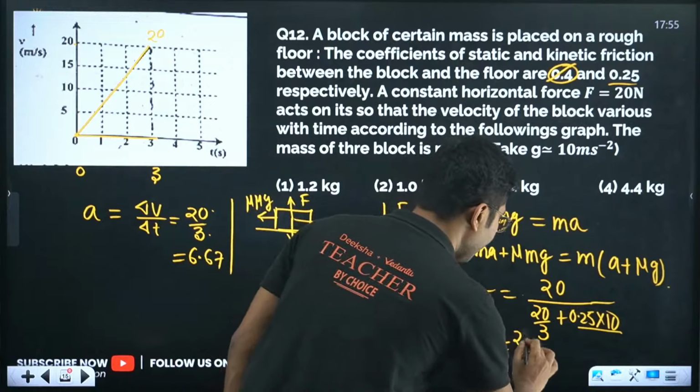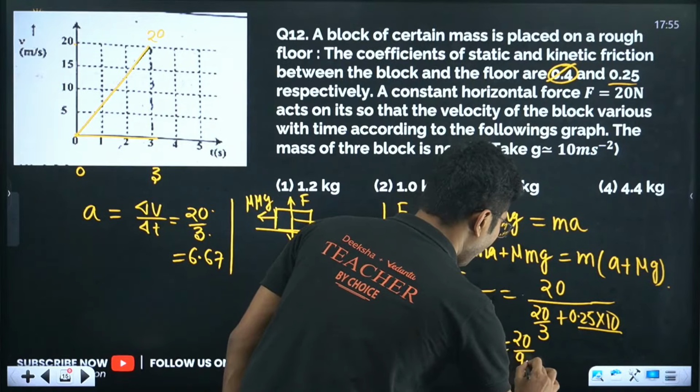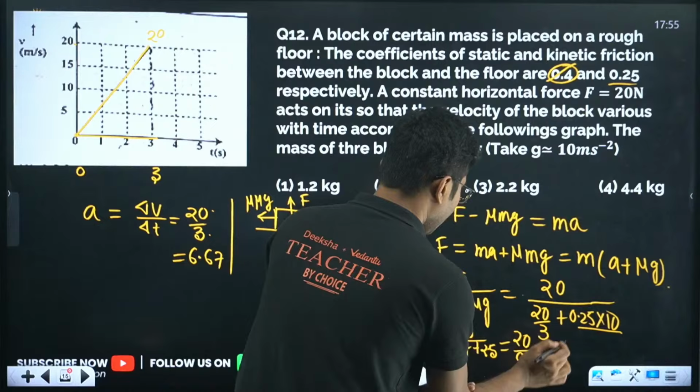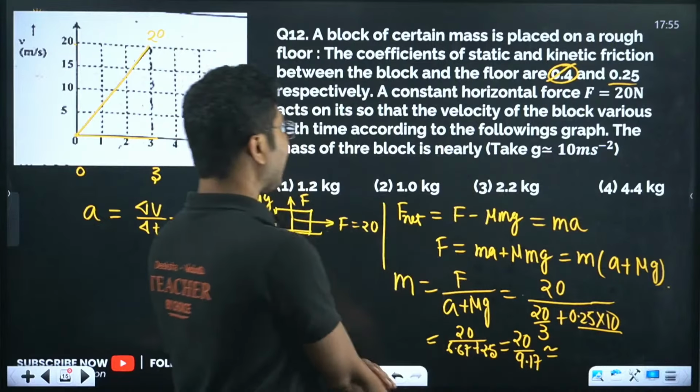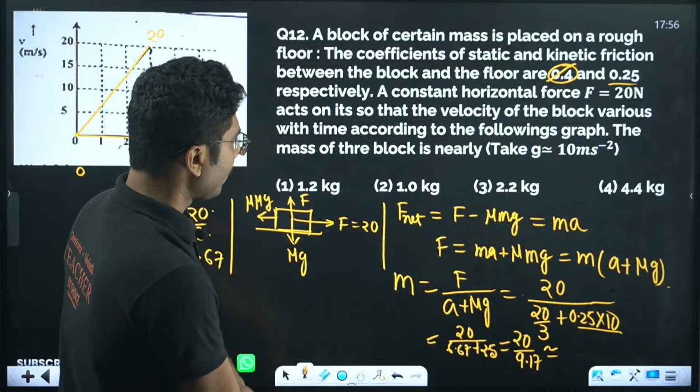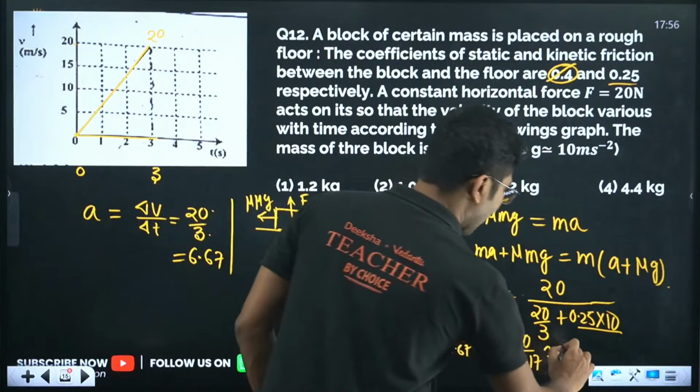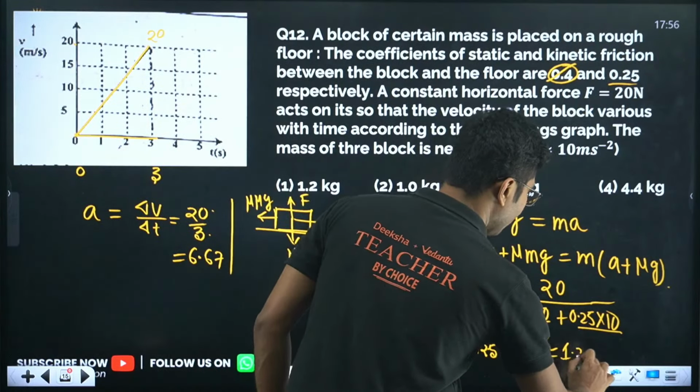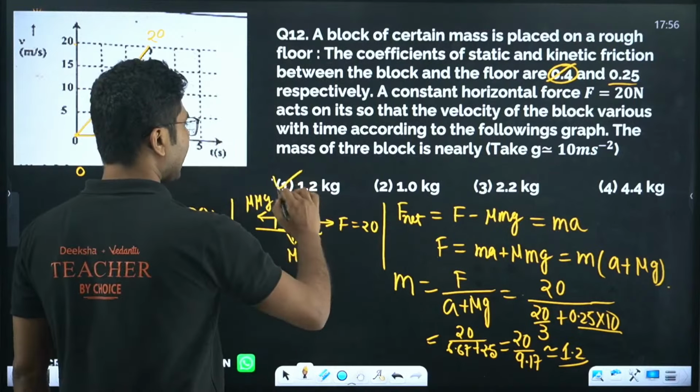So 20 divided by 9.17, which will be very close to 10 but slightly more than 10. So approximately 1.2 kg is the correct answer.